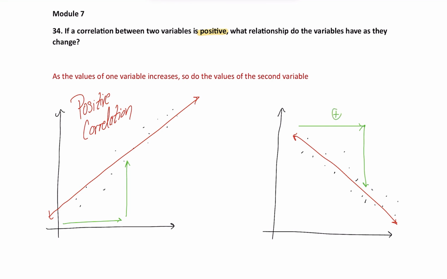As we're increasing in one way, we're decreasing in another, okay? So that means we're going to have a negative correlation here. For positive correlation, we have positive, positive.